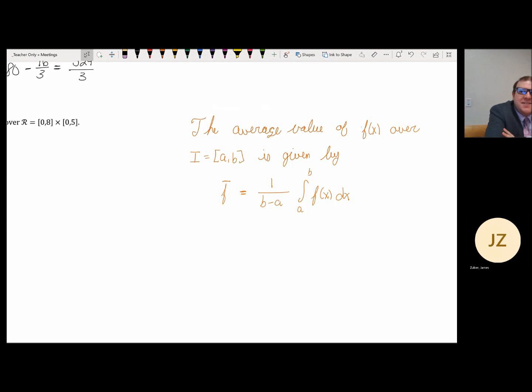B minus A. Isn't that the length of the interval? So it's 1 over the length of the interval times the integral over the interval of f of x.